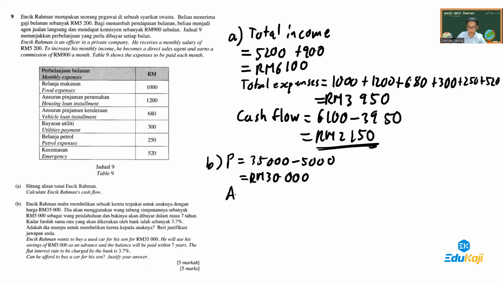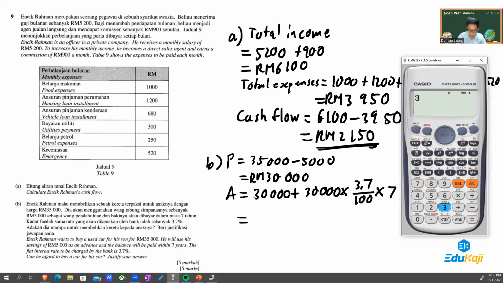So the amount that he needs to pay will be the 30,000 plus the interest. Interest will be the 30,000 times interest rate times time. Okay, PRT, principal times interest rate times time. Interest rate 3.7%, percent again over 100 times time 7 years.